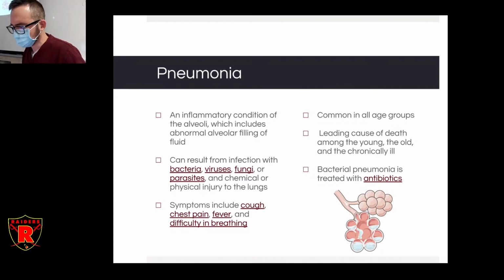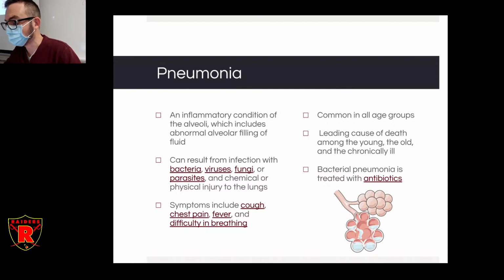But you can also get it from chemical or physical injury. Again, inhaling something hot damages your alveoli. If you watch the video on the Tide Pods, that person gets pneumonia from chemical damage to their alveoli, which again, can totally happen. But essentially, damaging the alveoli and then having fluid accumulating in them.